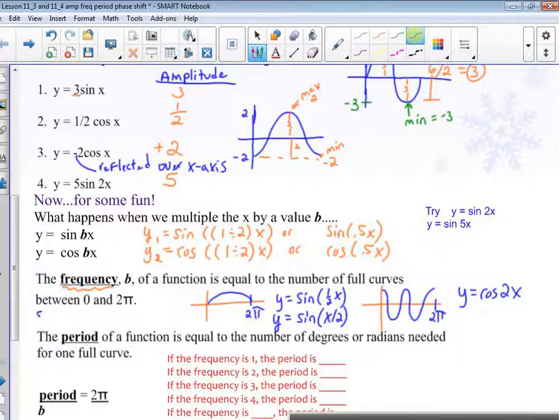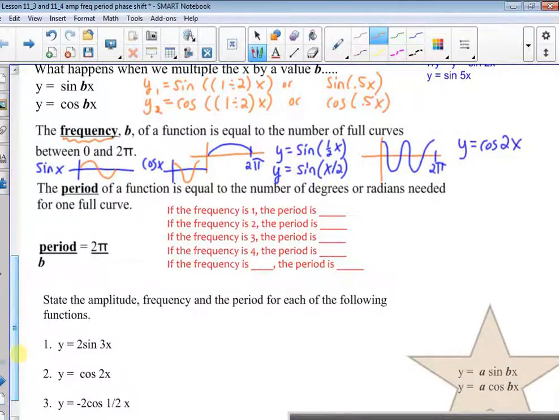And remember, your sine x curve looks like this. That's one complete curve. And your cosine, y equals cosine x, looks like this. That's one complete cosine curve.